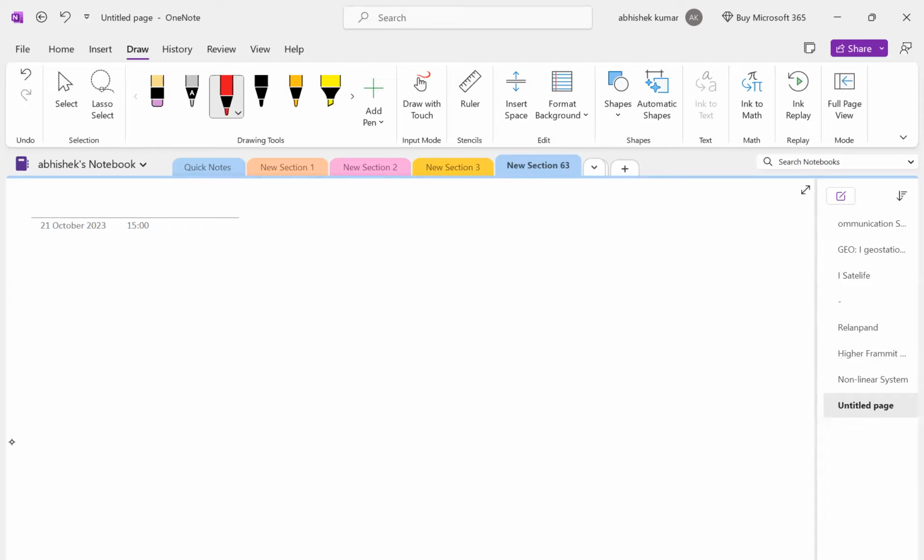Now we will see the non-linear system, how the non-linear system will behave.